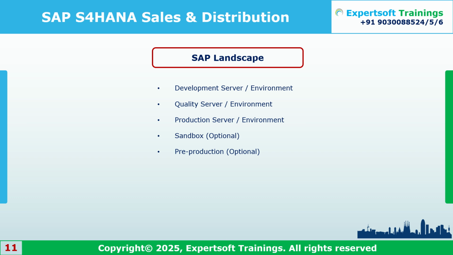When it comes to SAP project implementation, whether in ECC or S4HANA, and for that matter any software, if you want to implement it, do you go and start implementing directly in your business system?